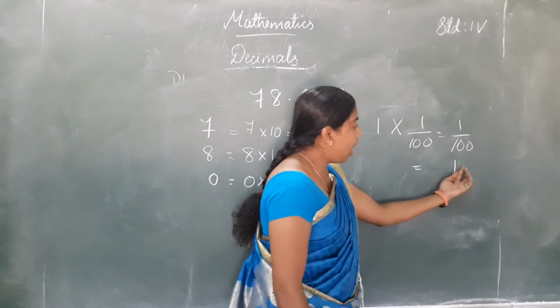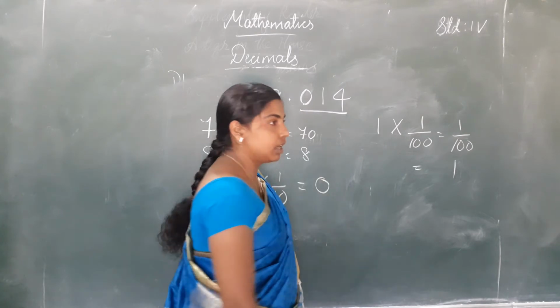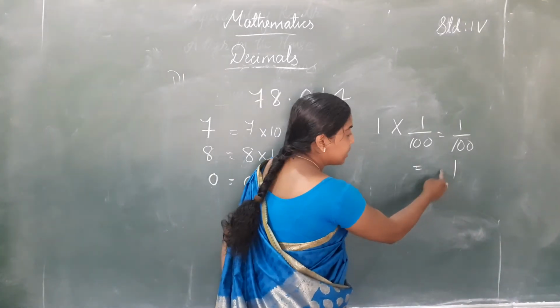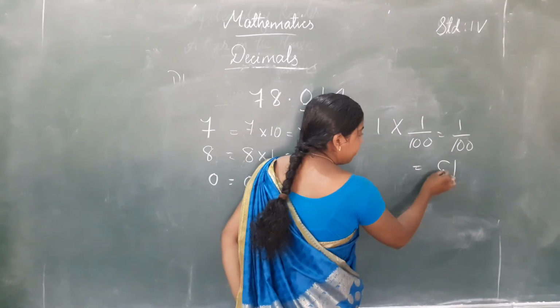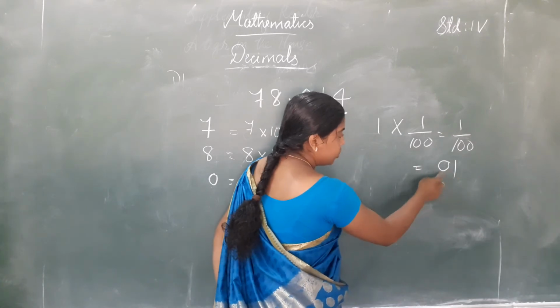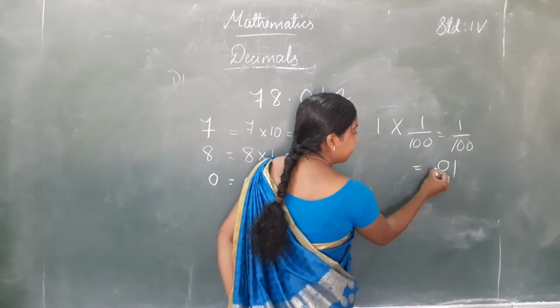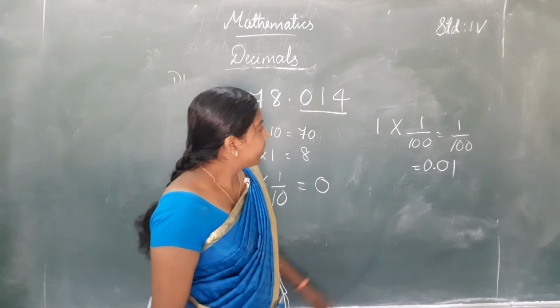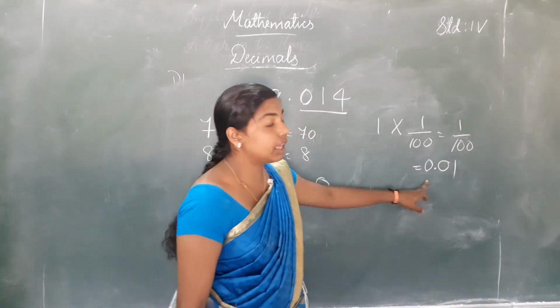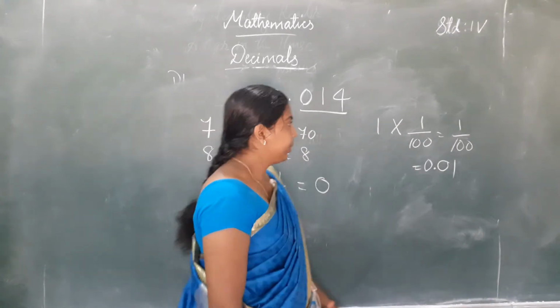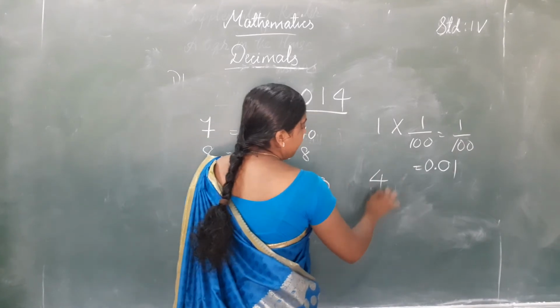So after 2 places we have to put the point. There is no number in the second place, so we put a 0. So after 2 places we put a point. So the place value of 1 is 0.01.